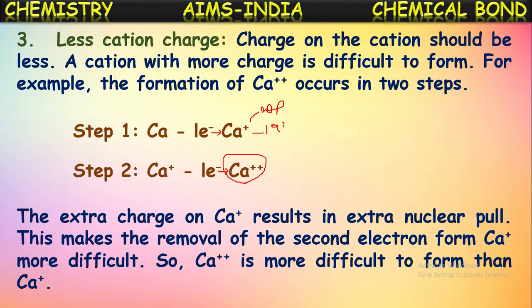So the nuclear charge is much greater here than the electrons' charge, and the electrons will be held tightly by the nucleus. Now the removal of the second electron will be a little difficult and requires more energy. So if cations have a lower charge, then they can easily form ionic compounds.